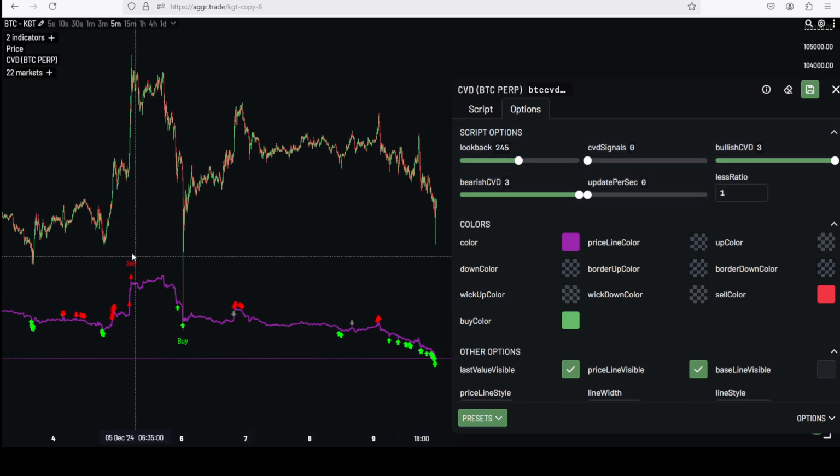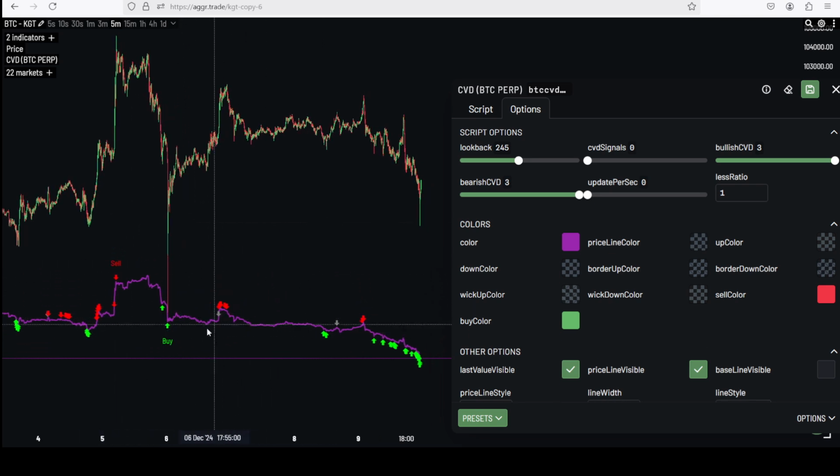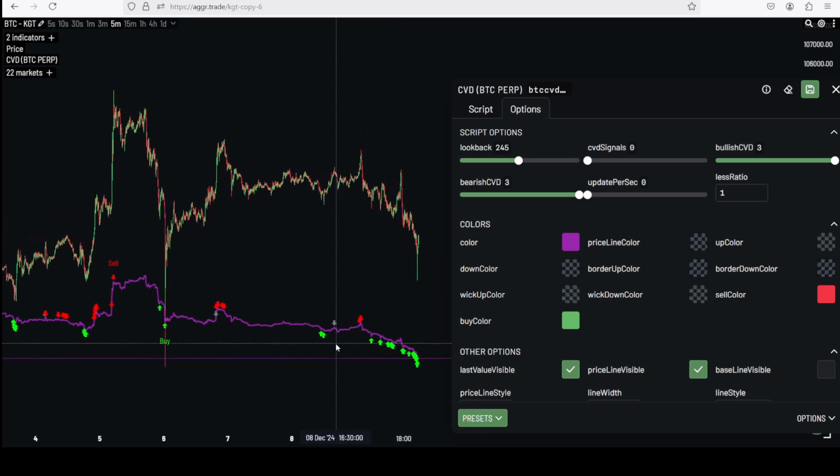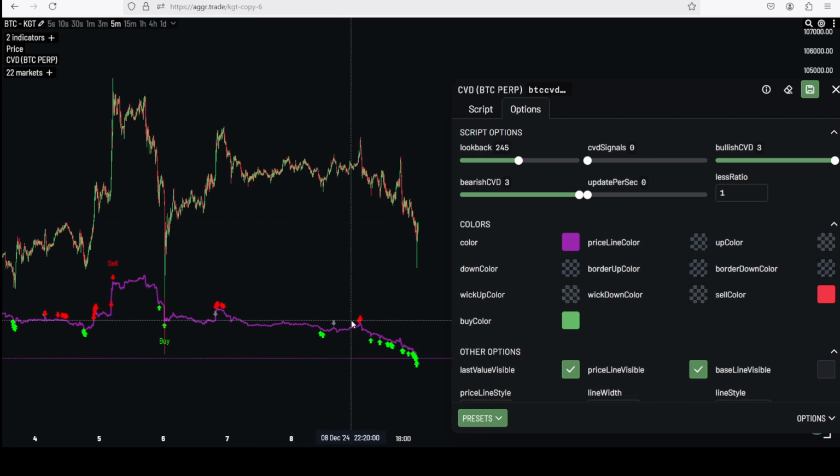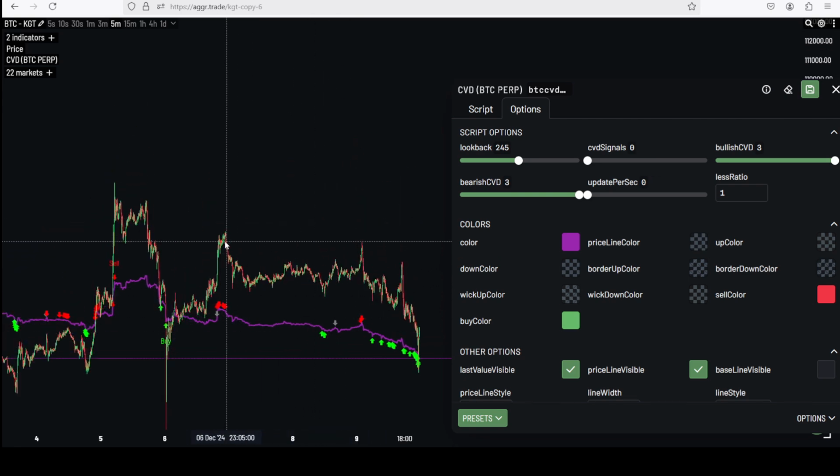First, you would like to know, are you in a sell or in a buy? And then, of course, it is not 100% that you have to take the trade just because it says buy or sell. You would like to search in the CVDs for a divergence between the price action and the bullish signals, or a convergence for the bearish signals and the price action.